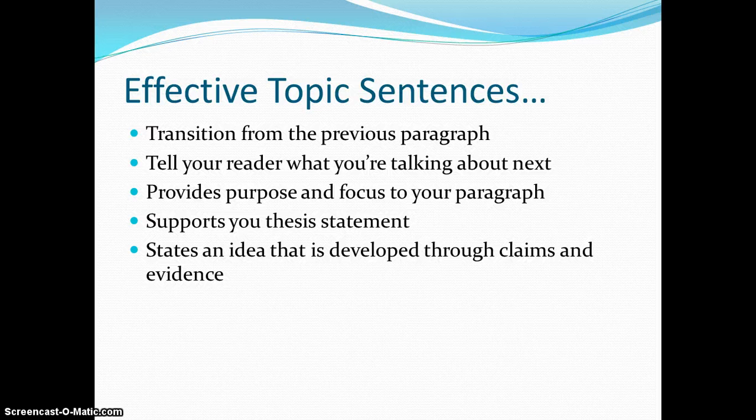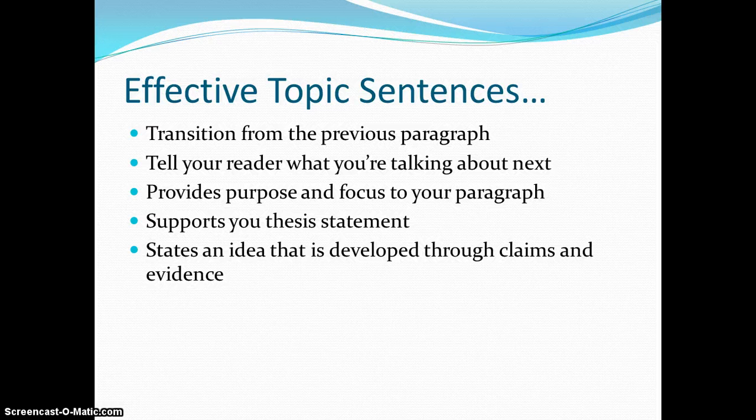So, what makes an effective topic sentence? It transitions in some way from the previous paragraph. That needs to be part of your first sentence. I harp on transitions all the time, but this is why they're so important. So you can reference something from the previous paragraph and then introduce your new information.